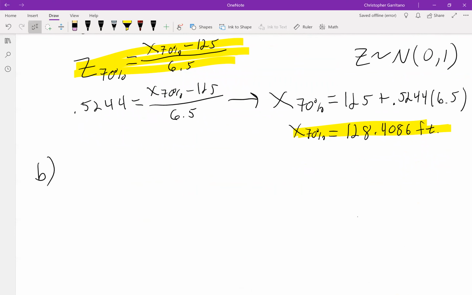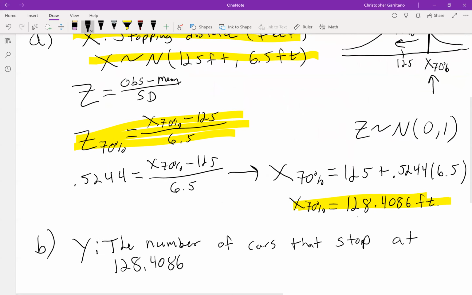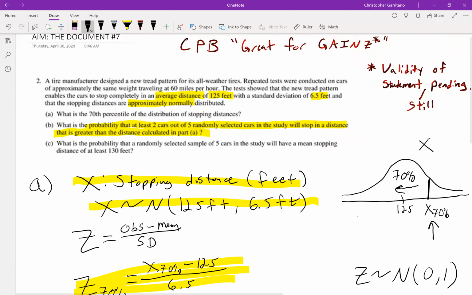So I'm going to define another random variable, let's say Y, and I'm going to say that Y represents the number of cars that stop at 128.4086 feet or greater, right?